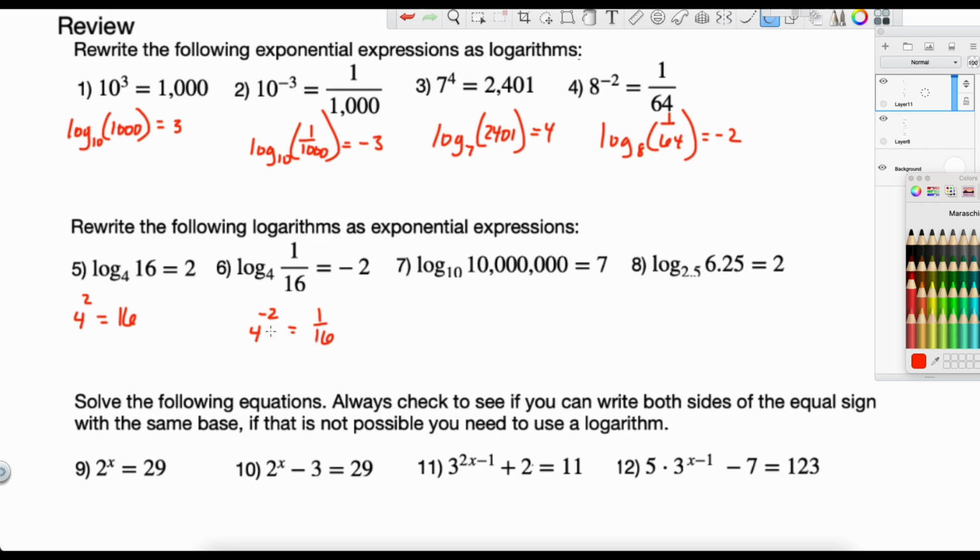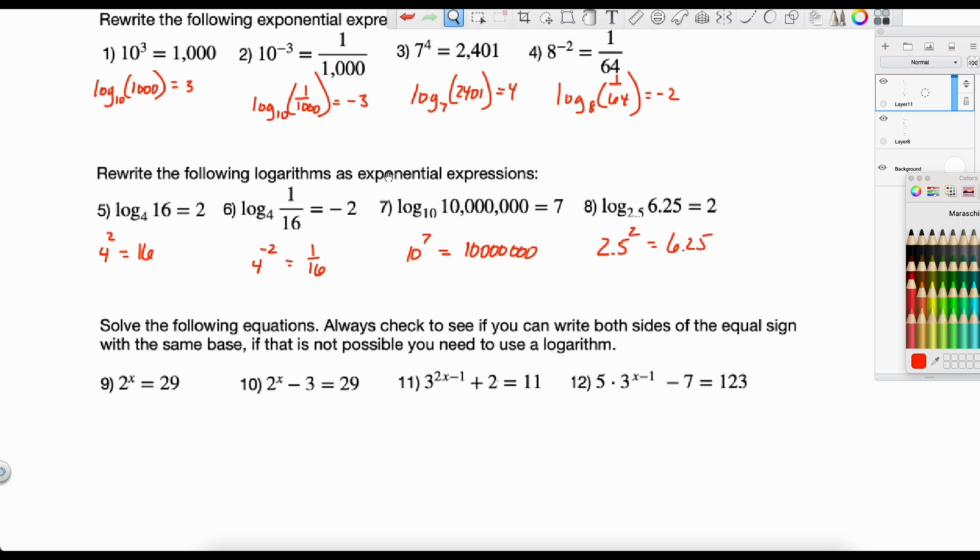I hope you see these are true, right? 10 to the 7th power is 10 million. I think that's 2.5. 2.5 raised to the second, yes, that's what it is, 6.25. All right, I hope that was fairly easy.